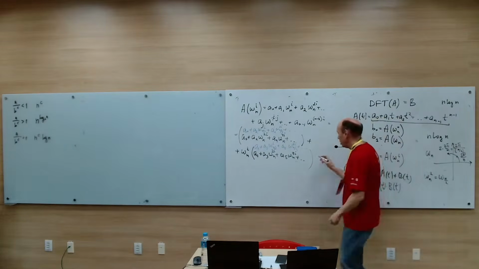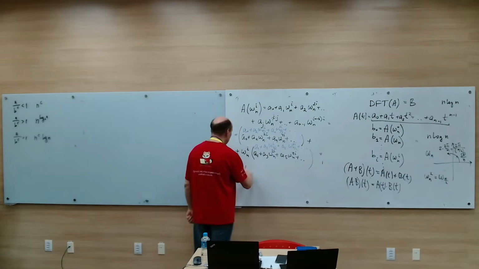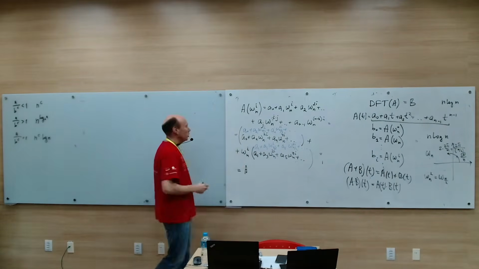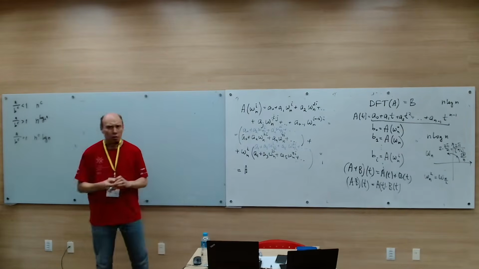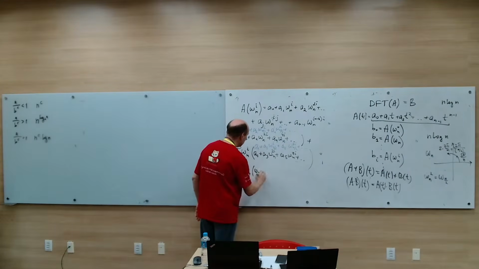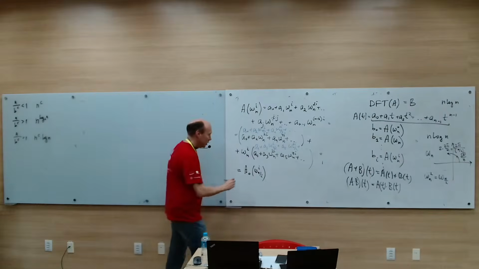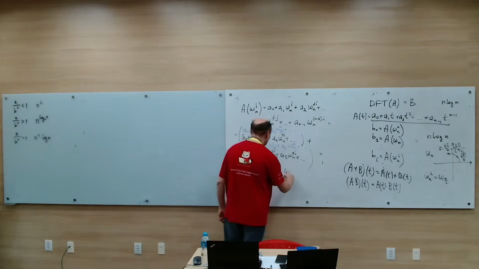So it can be rewritten as, let's call this array of even indices A0, so it's like A0 omega n divided by 2 to the power of I plus omega n to the power of I times A1 of omega n divided by 2 to the power of I.